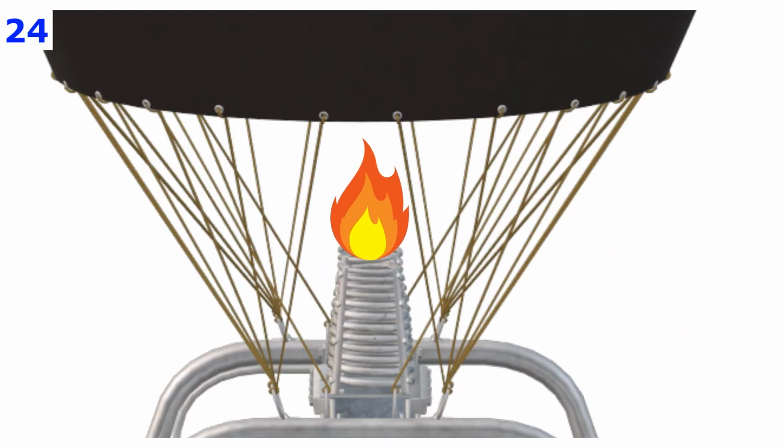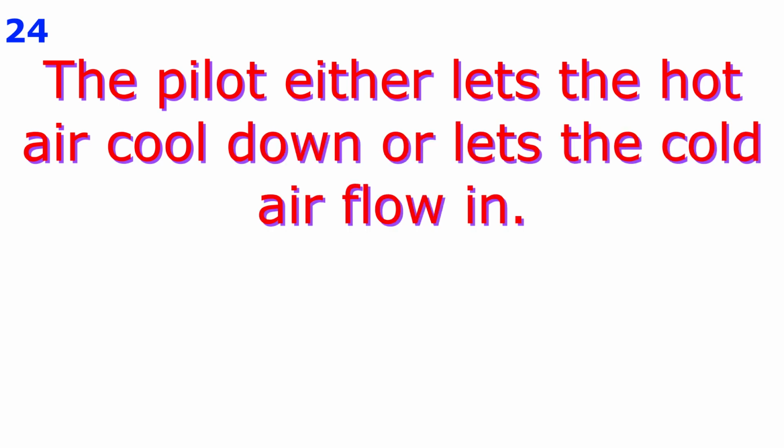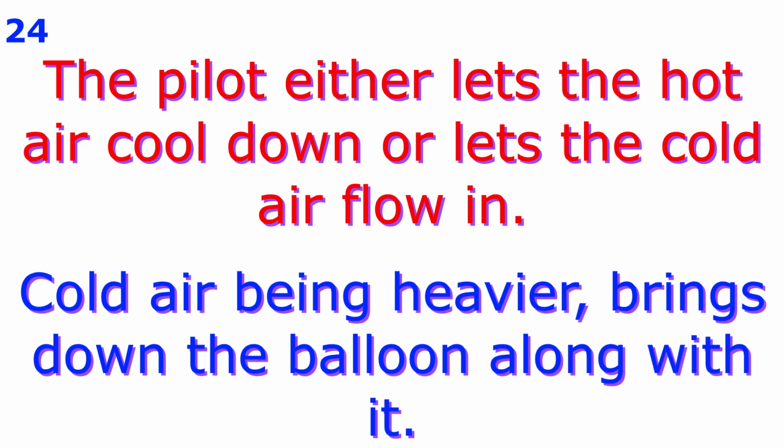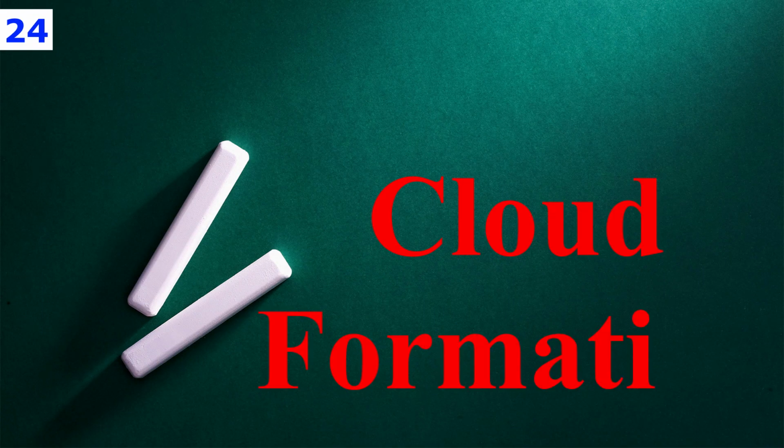When the landing of the hot air balloon has to take place, some of the hot air is released by the pilot. The cold air replaces the hot air. Therefore, the balloon lowers.